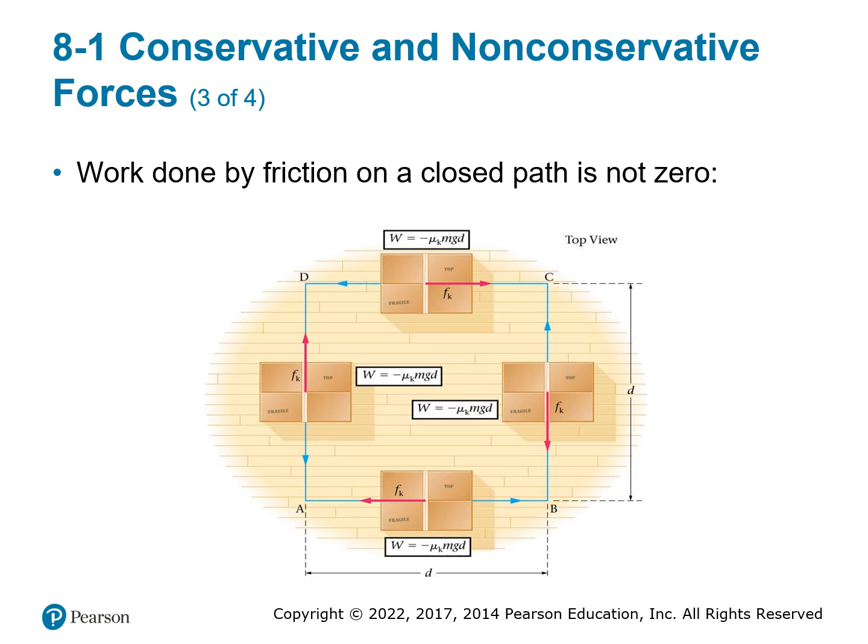Down at the bottom, you still have negative coefficient mgd, and so forth on the right side. So if you took the work done and put them all together, you would not get 0. So the net work done on an object in a closed path is 0 for conservative forces and not 0 for non-conservative forces.